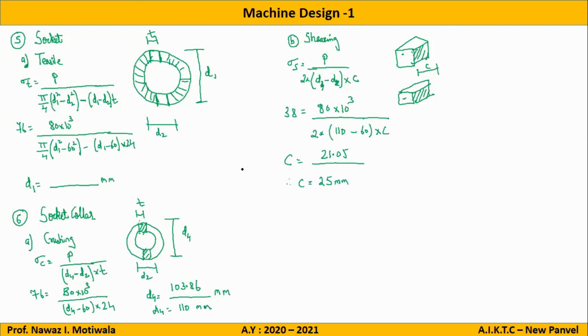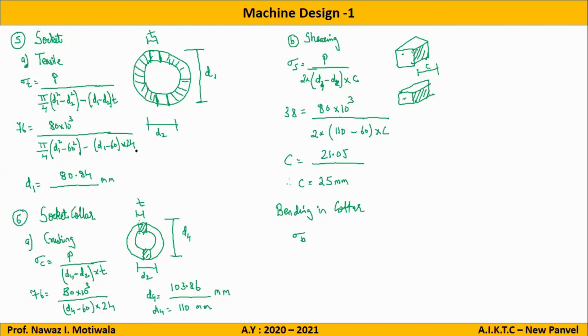So all the parts are now covered and one criterion is remaining, and what is that? Bending in the cotter. Yes, bending in the cotter, or cotter pin. So we have the relation sigma b is equal to... the answer for d1 has come. What answer came?